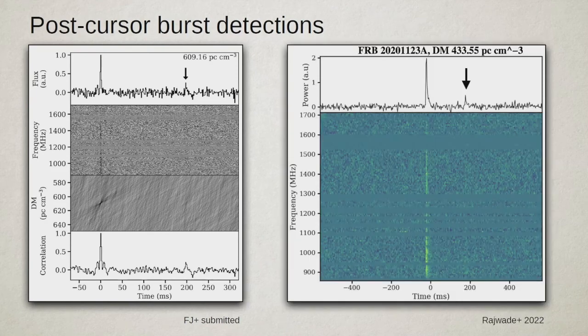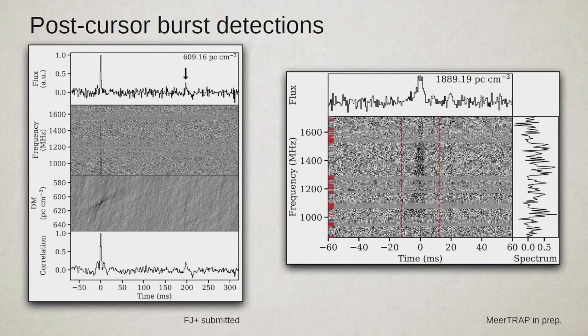And this is actually the second FRB in which a post-cursor burst was discovered. And interestingly, the burst separation is quite similar. It's also about 200 milliseconds. And there's even another FRB that shows maybe a faint secondary component here.